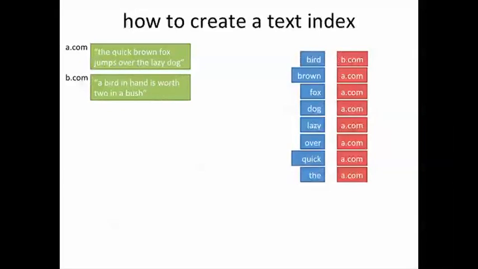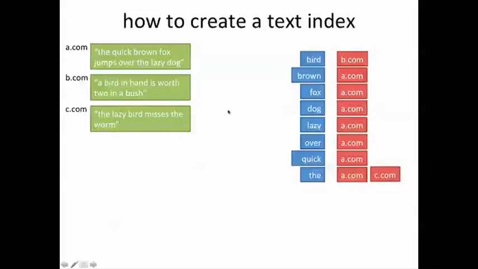Enter bird with b.com this time instead of a.com, because now we're processing the second document. Similarly for the third document, but this time, since the is already present in the index, we merely append the entry c.com after a.com against the, rather than create a new entry.